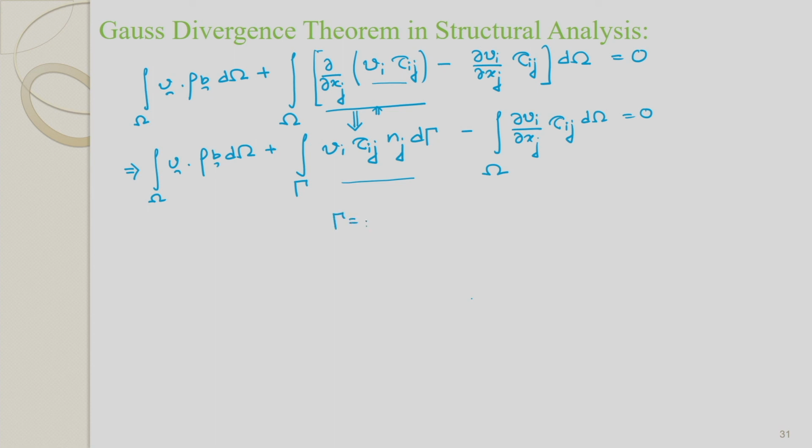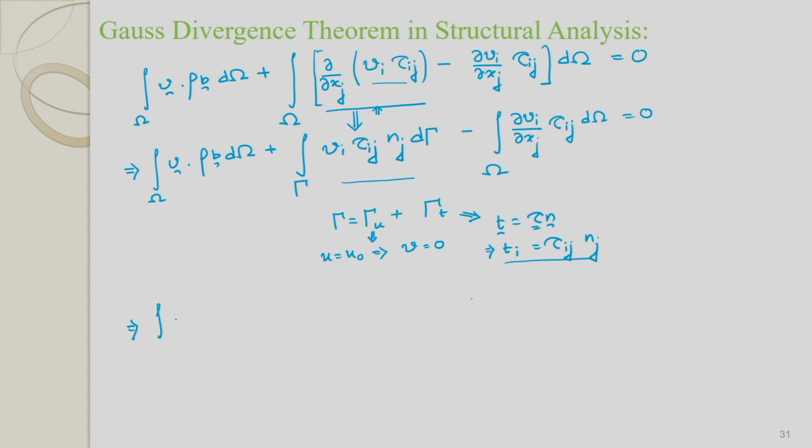So, on gamma u, your u is prescribed, so the variation will be 0. Whereas on gamma t, we have the relation T equal to tau n. If we write in indicial notation, this is Ti equal to tau ij nj. So, we can apply this relation directly on this term.